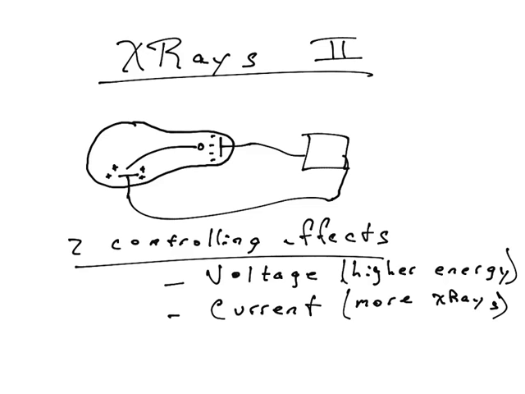Depending on what it is they're trying to image, if the thing they're trying to take a picture of is more dense, or you have to get through part of the body which is more dense, then you need to increase the energy. You need to make it so these X-rays can penetrate further into this material.